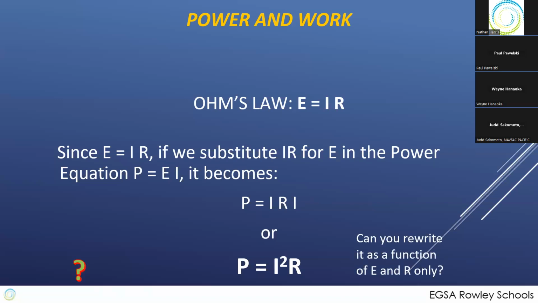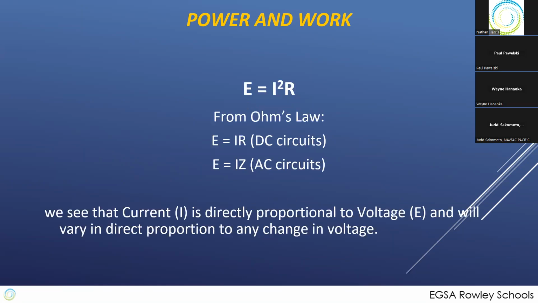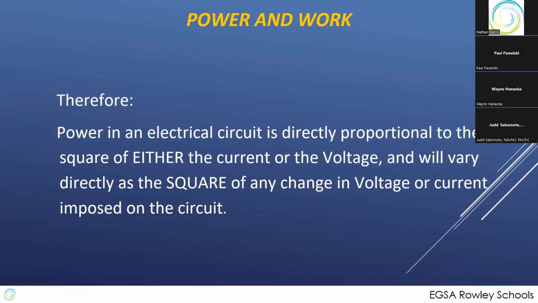Or you could say it's equal to the voltage squared divided by the resistance and get the same thing. So if current's directly proportional to voltage, power will vary in direct proportion to the square of the change in voltage, right? So power in an electrical circuit is directly proportional to the square of either the current or the voltage, and it will change with the square of it.